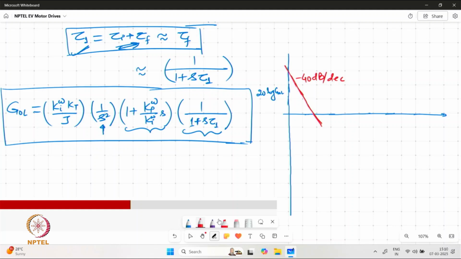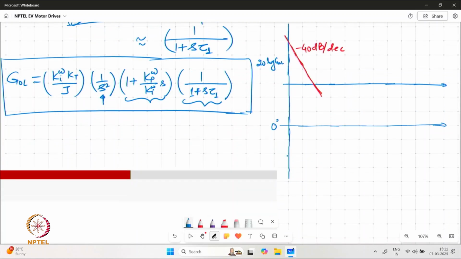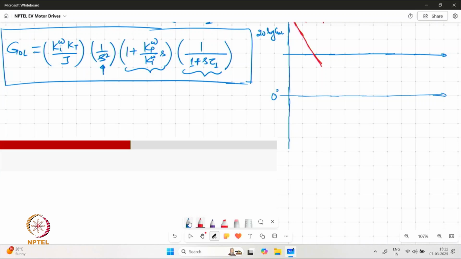Now if we look at the phase plot of the system, once again because of the second order pole at origin, the phase is going to be at minus 180 degree, and it is going to continue at that if there are no other poles or zeros located in the vicinity.